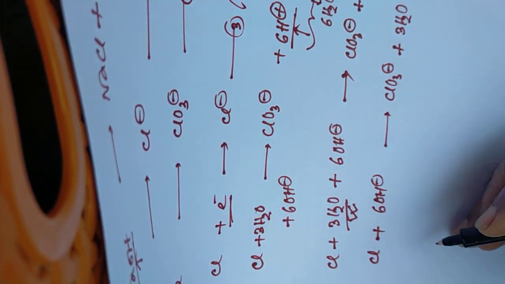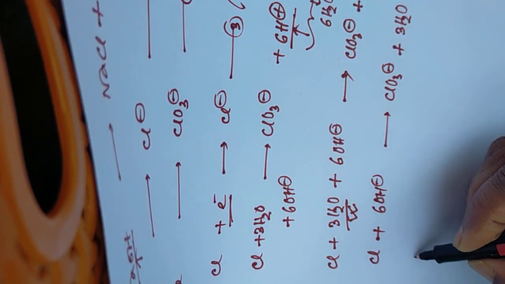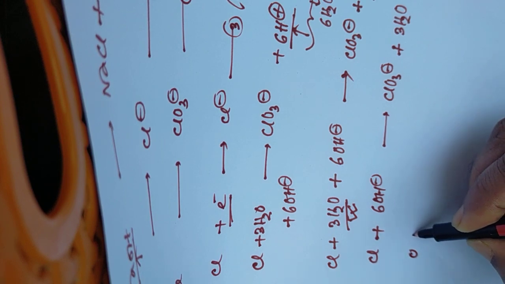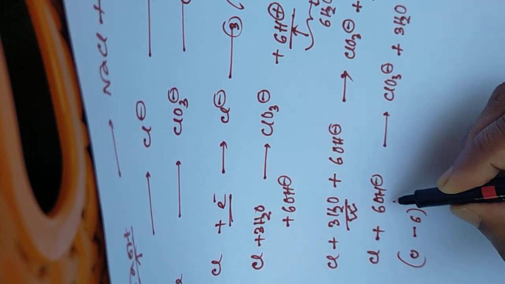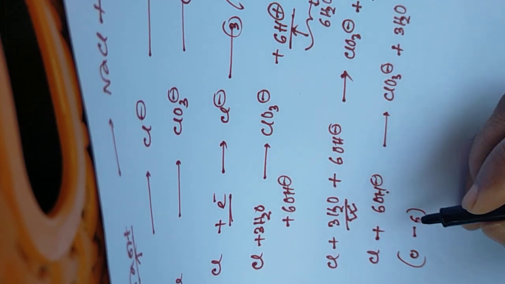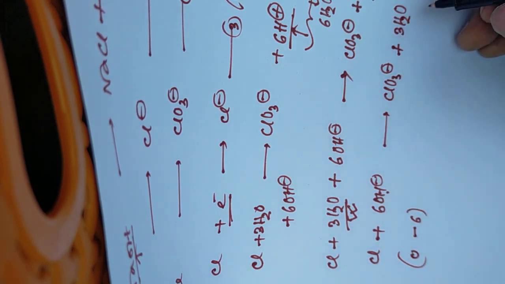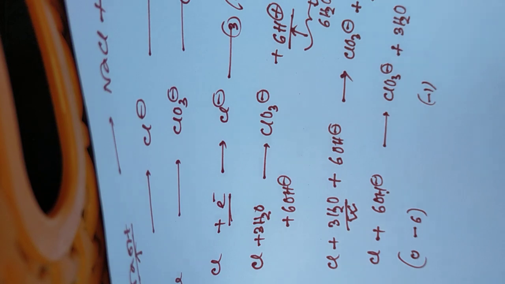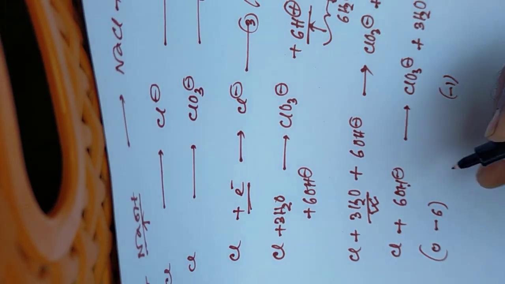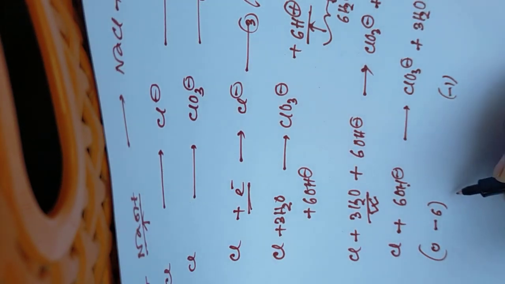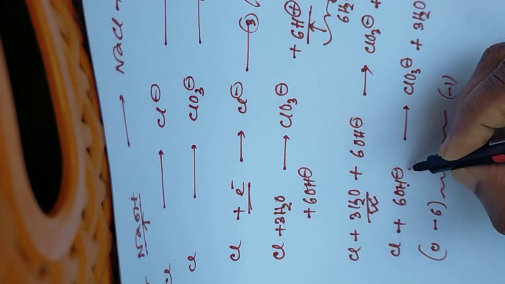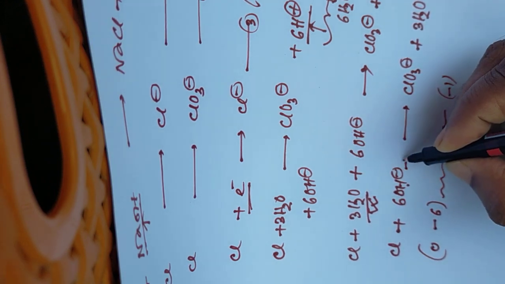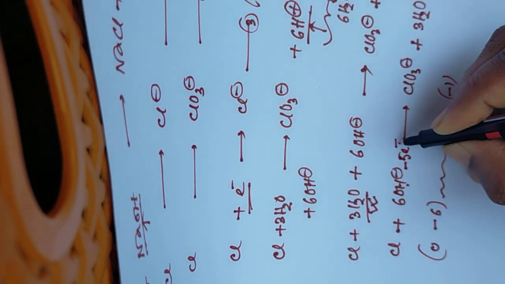Now here the charge is 0, here the charge is -6, as OH- has charge -1, so 6 into -1 is -6. Here the charge is -1, here -1 is there. So the difference is 5, so 5 electrons are released.